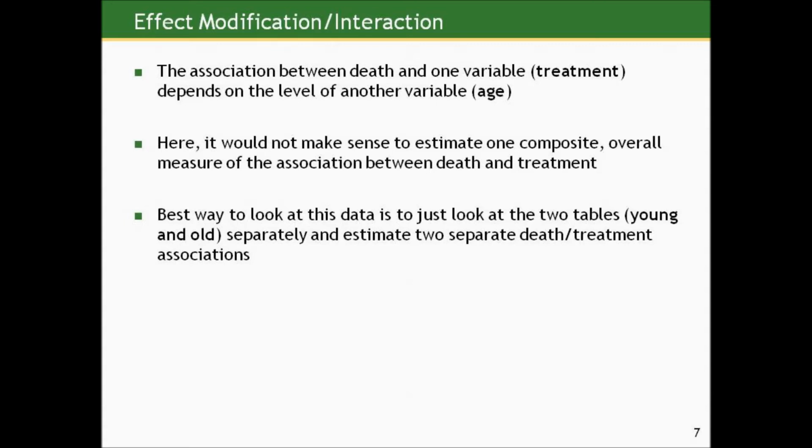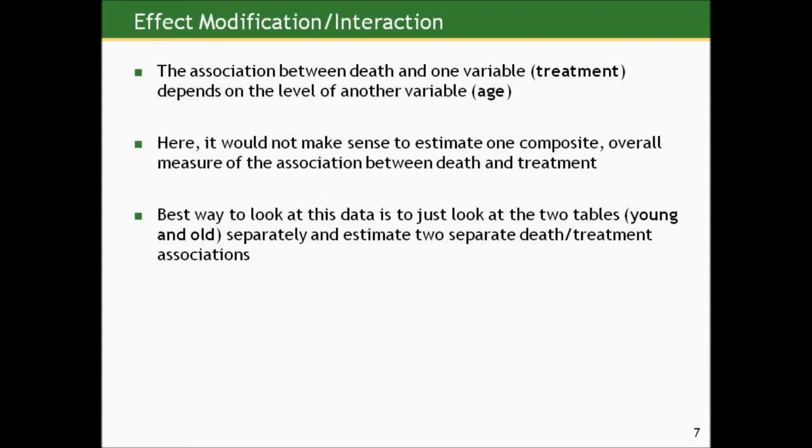Here the lesson is that in order to properly characterize the relationship between death and treatment, we need to first ask, are you looking at older people or younger people? Because the answer depends on which group it is. So the best thing to do here is keep these stratum-specific estimates separate and report two separate associations. Don't try and mash them into an adjusted single number, because it doesn't make sense in this type of scenario.